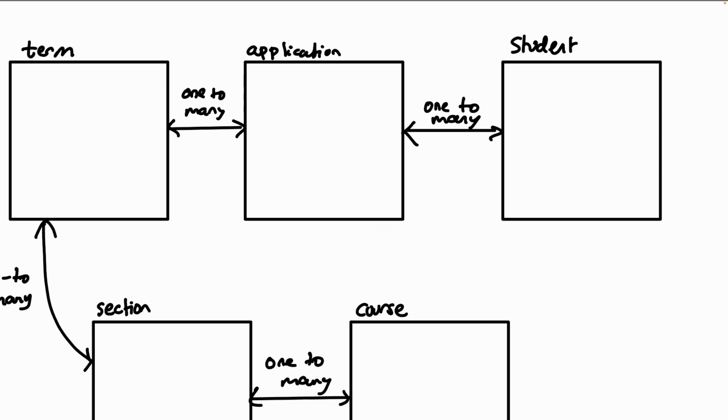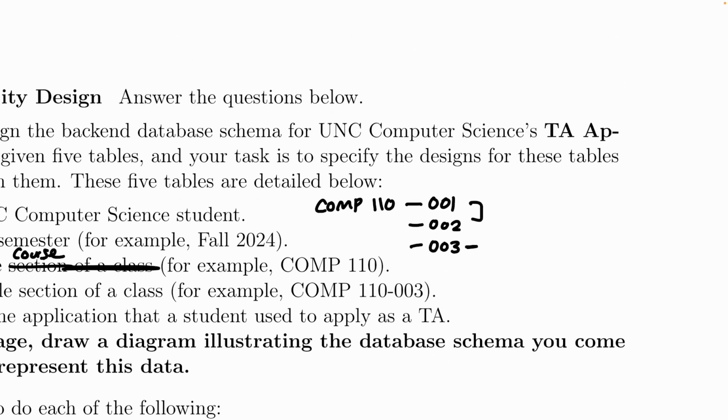However, for choosing the courses that we want to TA for, remember that because we can have different professors for different sections, we're ultimately applying to a course based off of the section. We're ultimately applying to sections.